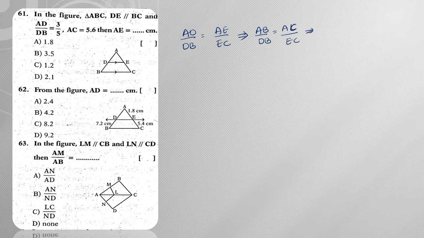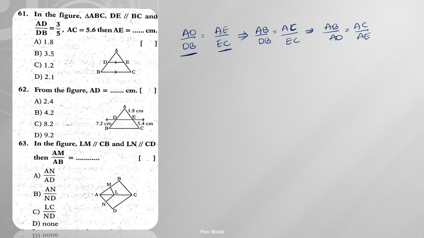So this can also be written as AB by AD is equal to AC by AE. How we are considering the left hand side, the same way we need to consider the right hand side. Firstly we have considered AD by DB, the same way AE by EC. So this is the first consideration.